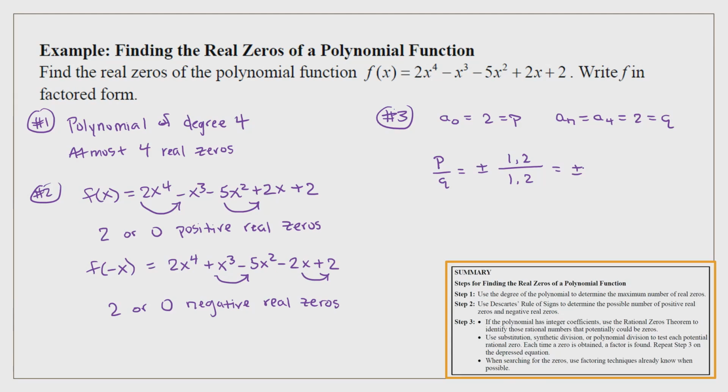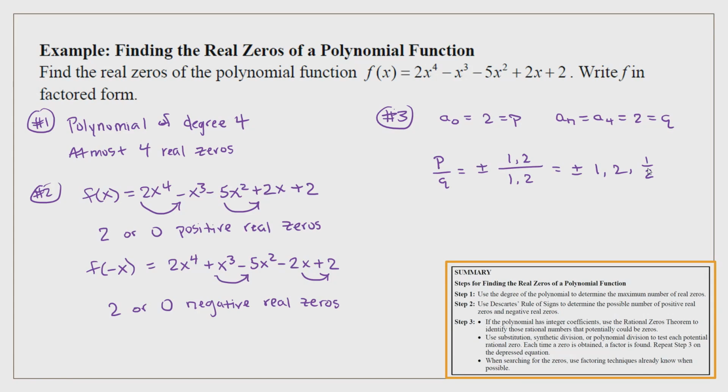When we divide each number in the numerator by each number in the denominator, we'll get 1, 2, and 1/2, obviously plus or minus. So we have 6 possible rational numbers to choose from. Remember, out of these 6, we could have at most 4 real zeros.